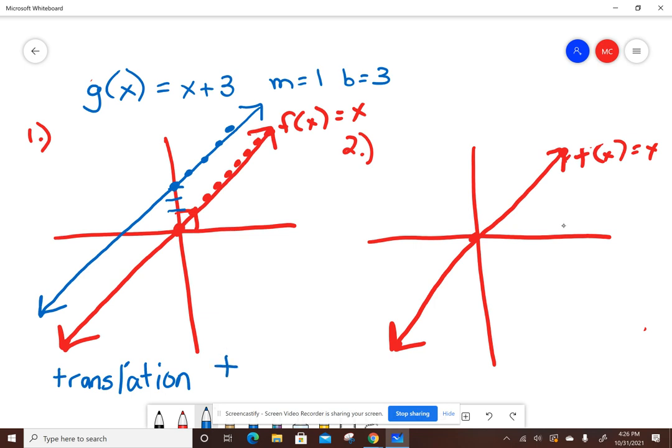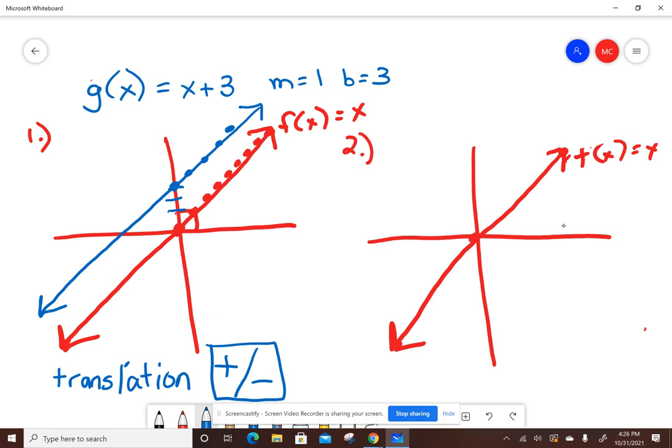And we know it's a translation because we added or subtracted. And if you remember when we translated our shapes, we said a translation would be something like x plus 2, comma, y minus 3. That would be a translation. Same thing here. When you're just adding or subtracting and not changing the slope, it's translating.